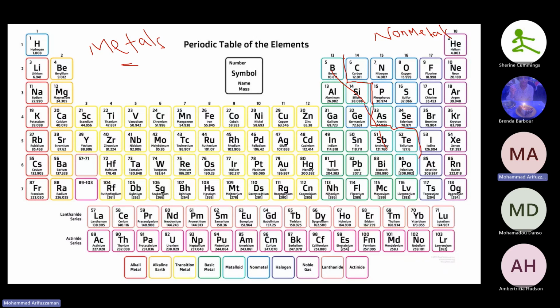So this is called the metalloids, carrying both metal and non-metal properties. So the metals are on the left side, the non-metals on the right side, and in between, along the zigzag line, are the metalloids.